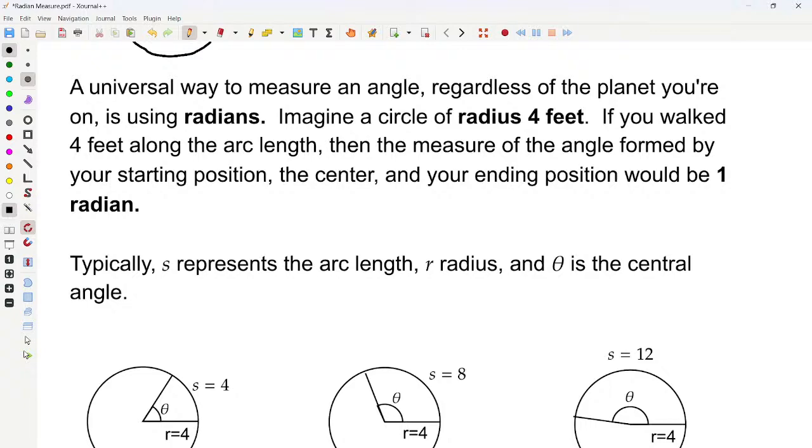And if I walk in a circular manner, I'll just leave what I have here. A circle whose radius is 4, I can form a lot of different angles.